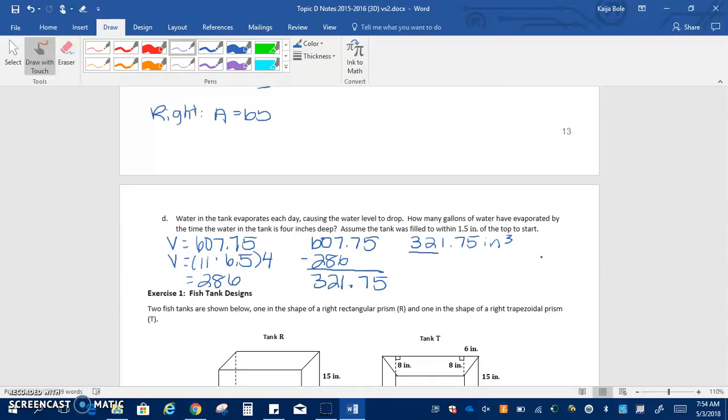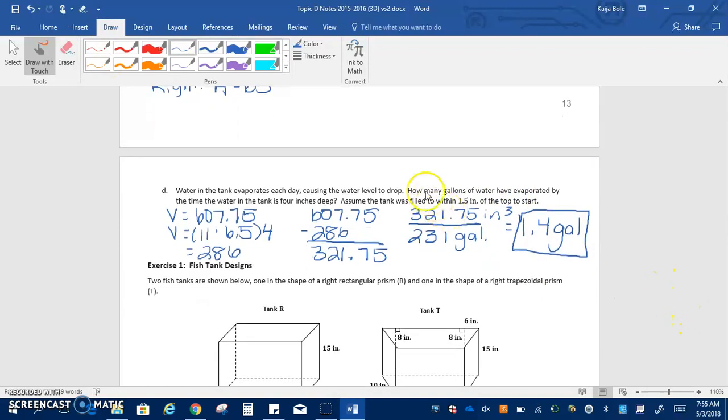That means we're going to have to divide by 231 for our gallons. When you do that, we end up with 1.4 gallons that have evaporated from the tank. Okay? So that's all we're going to do in the video. We'll do some more practice in class all together tomorrow.